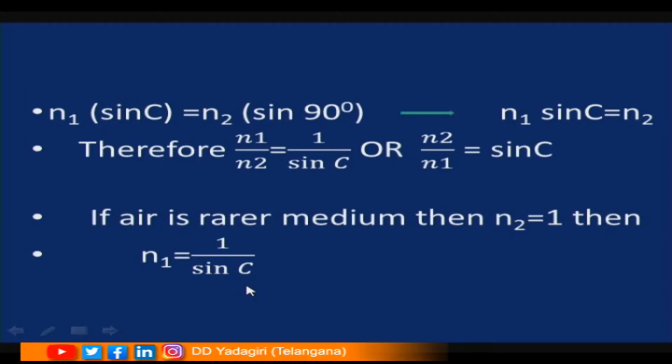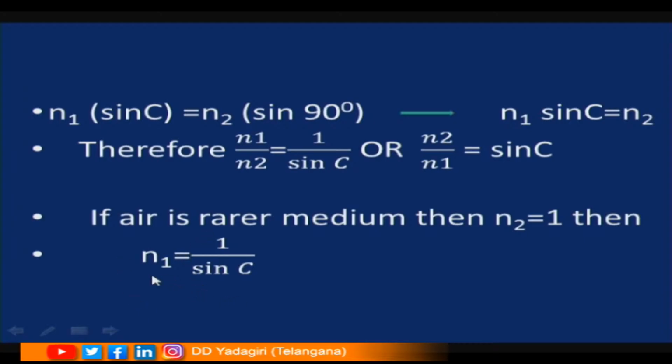This is the relation between the refractive index of the medium and the critical angle for a particular medium if it is moving from any denser medium into air. Only if it is air can we write n2 is equal to 1. We take n1 as the absolute refractive index of the first medium, equal to 1 by sin c.